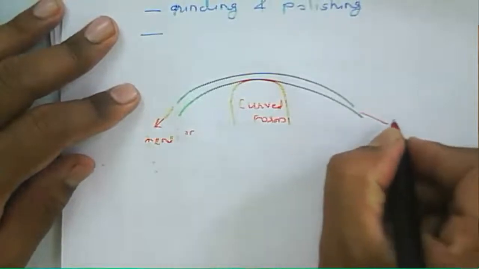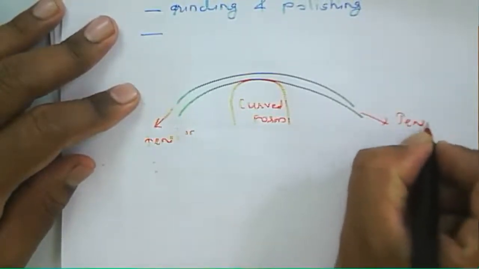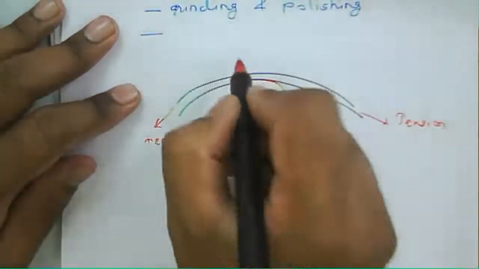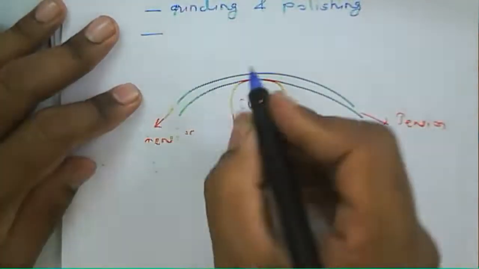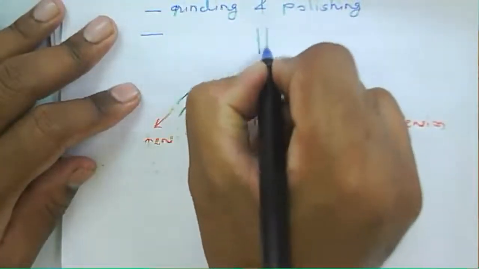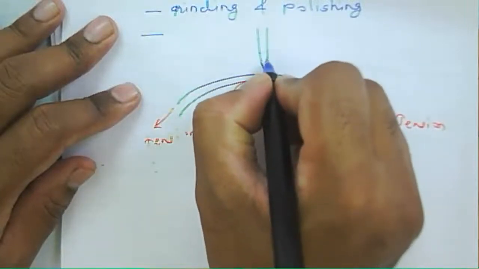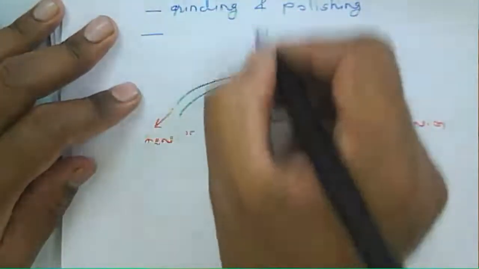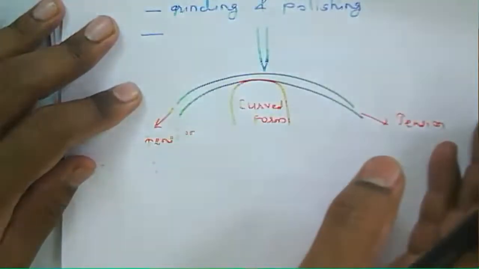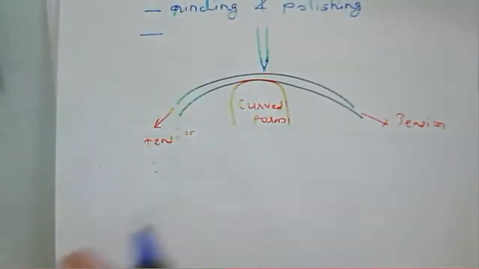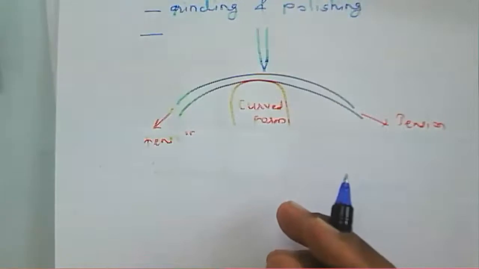This is the tension. After that, the blade is used. Apply the blade and cut the section of the fiber, so that we get a smooth surface.